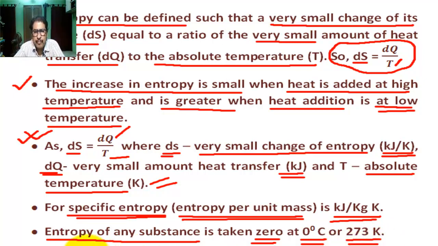When temperature is 0 degree centigrade or 273 Kelvin, then the entropy of any substance is taken as 0.